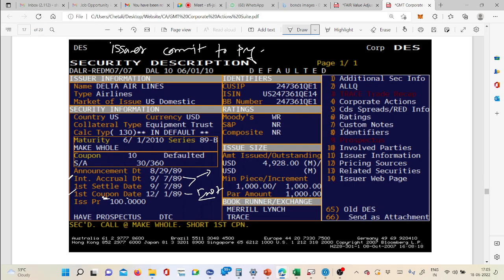The formula which we have is actual days divided by 360 days or 365. But most of the institutions follow the actual days divided by 360. So you can follow the same principle or rule and calculate the accrued interest and update in your books of account. So you don't need to calculate any other things apart from this.